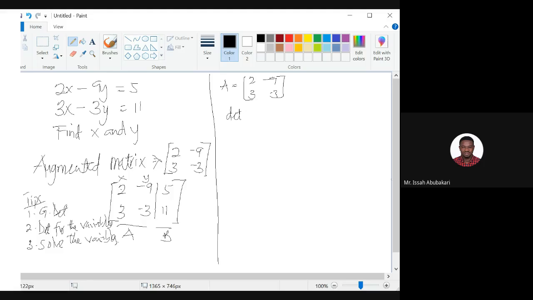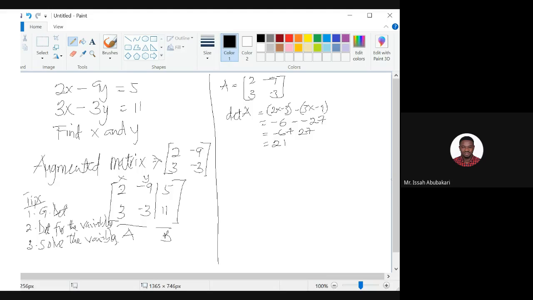Determinant of A is equal to 2 times minus 3 minus 3 times minus 9. So we have minus 6 minus 27, right? And at the end, minus 6 plus 27 will give us 21. Is that okay?